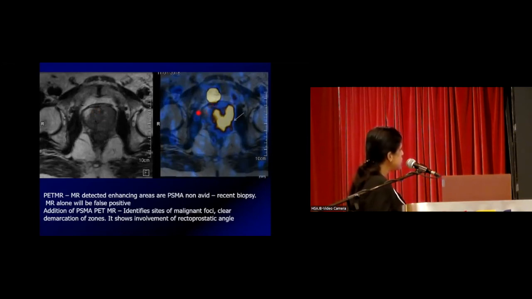So that can be falsely reported on the MR alone as a site of positivity, while we show that not only is there a PSMA avid uptake in the other zones of the prostate, but it also shows involvement of the rectoprostatic angle. So PET-MR is a very good tool to upstage the disease instead of relying only on an MR study.